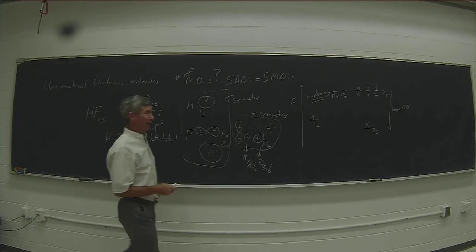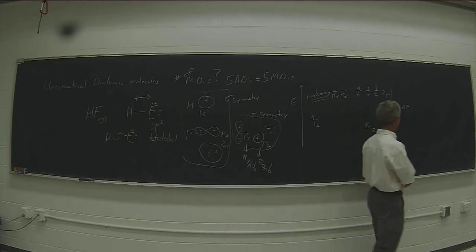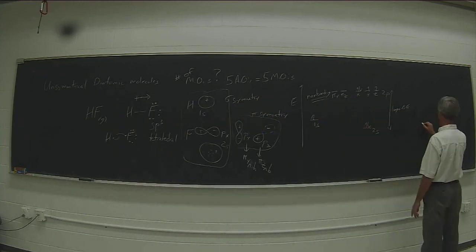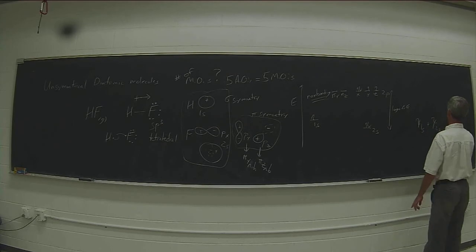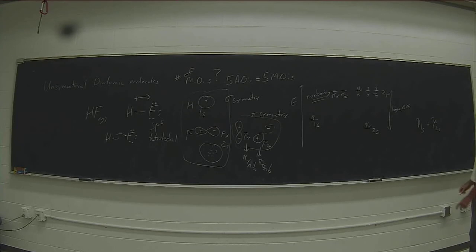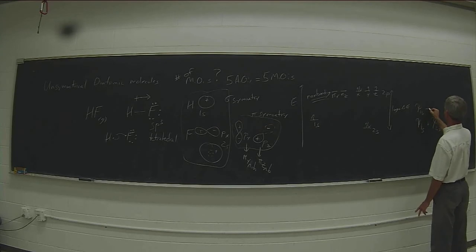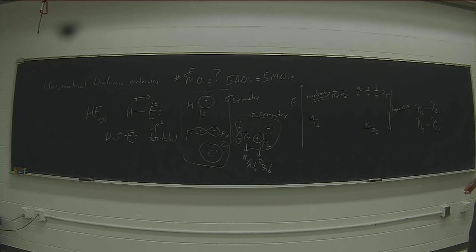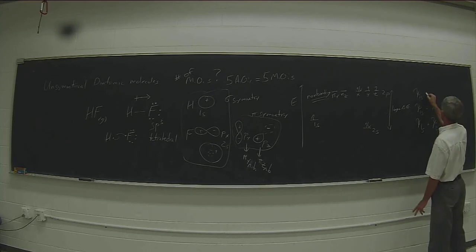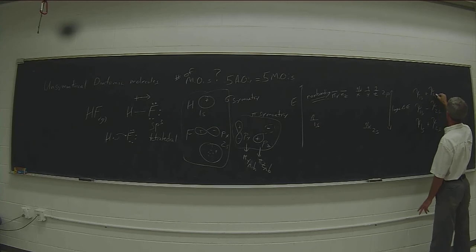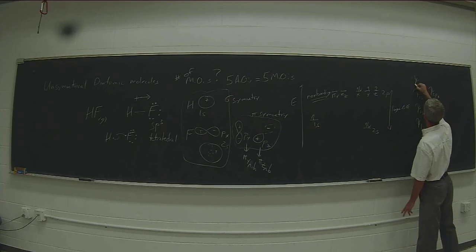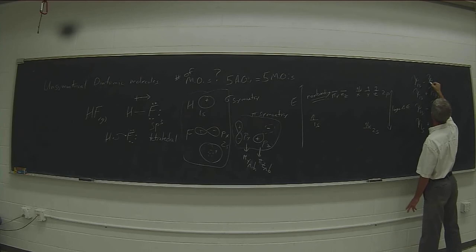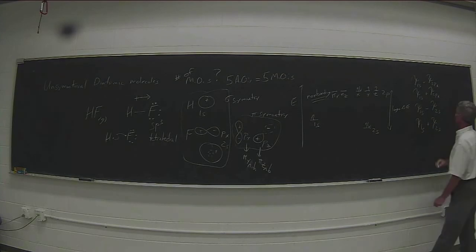Well, there are four possible combinations that you can make from those. You could take the wave function on the 1s orbital, add it to the wave function on the 2s orbital. You could take the wave function on the 1s orbital and subtract from it the wave function on the 2s orbital. And you could do the same two linear combinations for the 2px orbital.